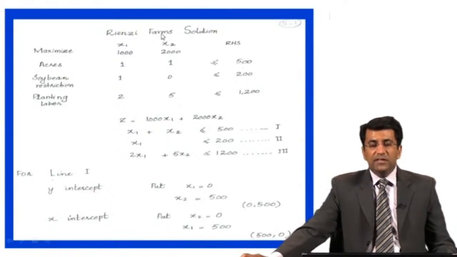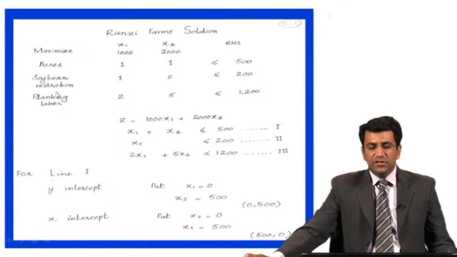So whether we are growing soybean or sugarcane, we cannot grow on land which is more than 500 acres. So one of the constraints related to acres of land is x1 plus x2 must be less than or equal to 500. Now again class, this is our first constraint.